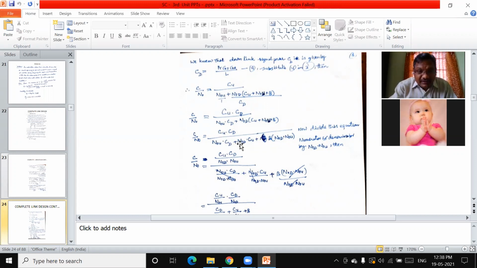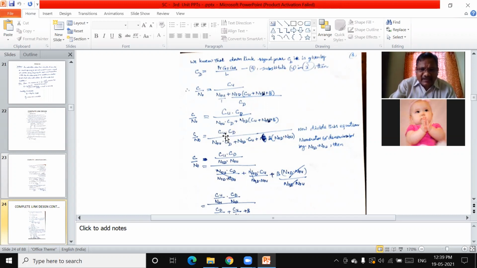Now, here is another thing you need to consider. In this equation, now divide the numerator and denominator by NOD into NOU. Please remember, this is B into NOD into NOU here. So the numerator and the denominator must be divided by NOD into NOU. So what happens here?